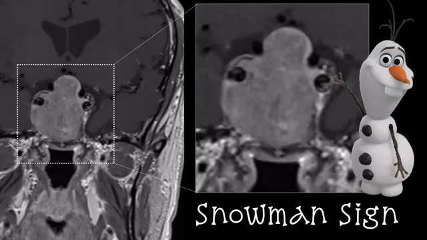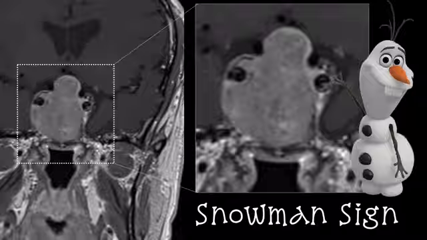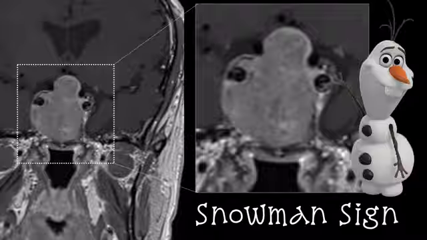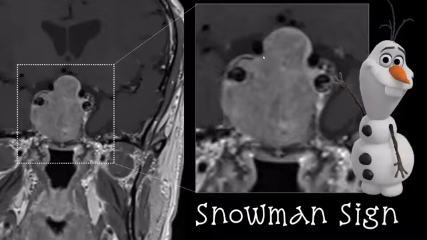It's called the snowman sign, and it is classically associated with macroadenomas of the pituitary that extend from the sella turcica into the suprasellar cistern, and the impression, or the waist here, is caused by the diaphragma sellae through which the tumor has to extend to reach the suprasellar cistern.